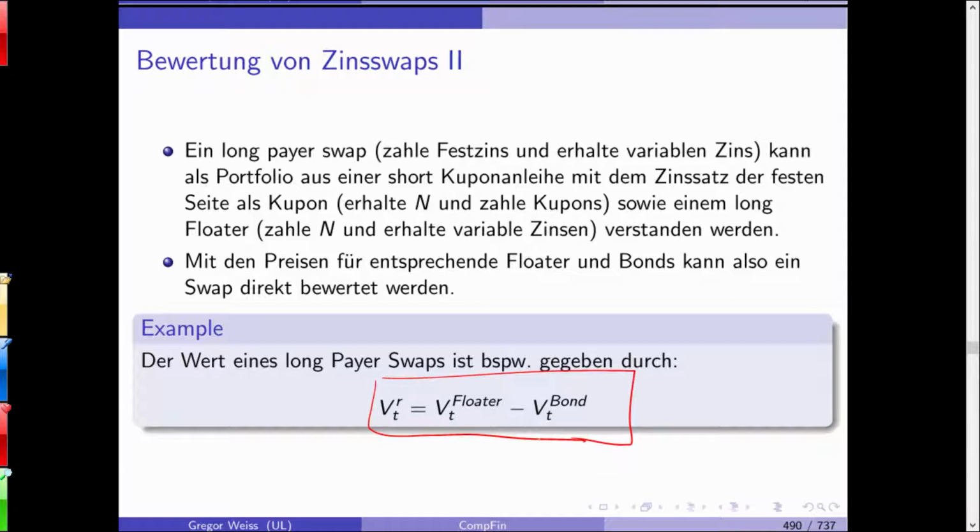You have to take the price of a coupon bond and the price of a floating rate note, a so-called floater, and the difference in the fair price of such a floater and the coupon bond then is the fair price of the long pay swap, if the swap rate is not fixed such that the price is 0, of course.